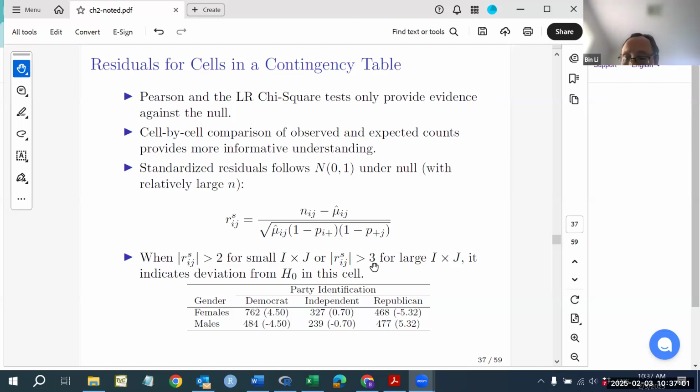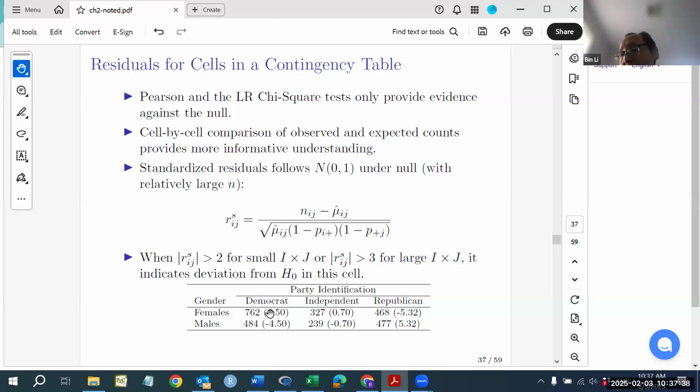So let's see this party identification example again. In this table, the numbers not in parentheses are the observed counts, and the numbers in parentheses show the standardized residuals.